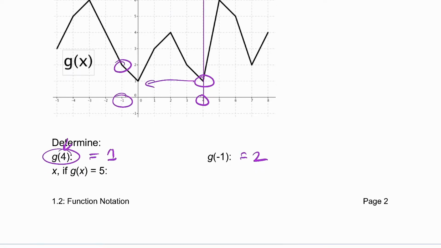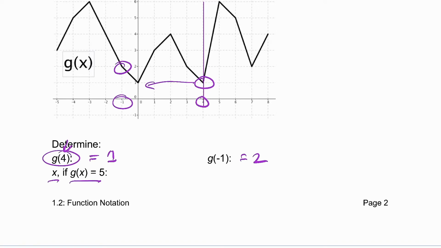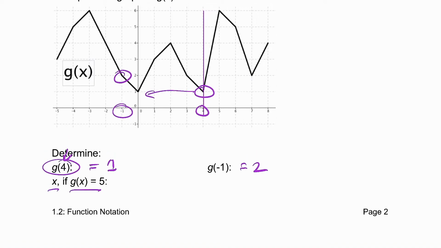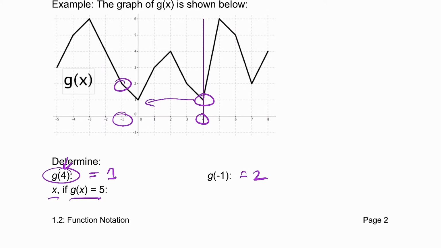So here's a little tougher question. What's the value of x, or determine x, if g of x is equal to 5? So here we're actually given the answer, or you want to think back in the traditional way, we're given y is equal to 5. So here we want to look at where y is equal to 5.